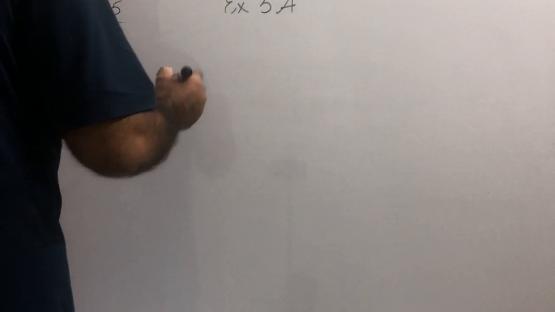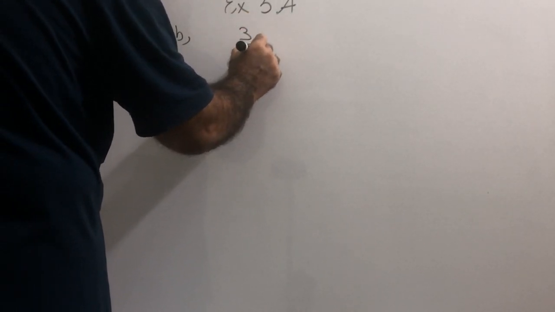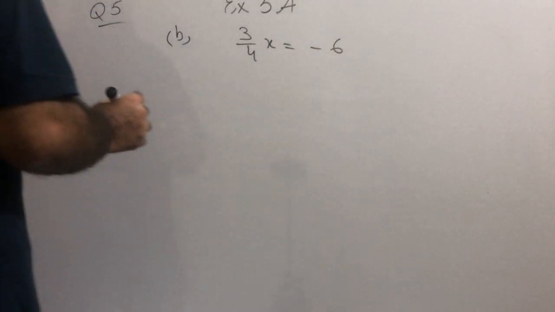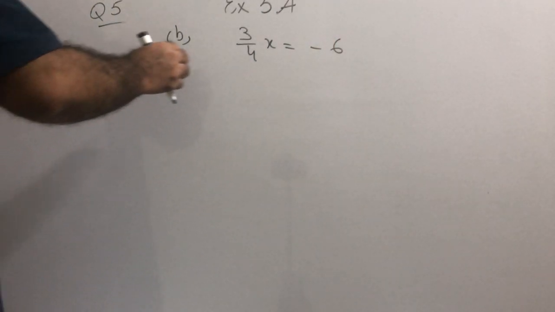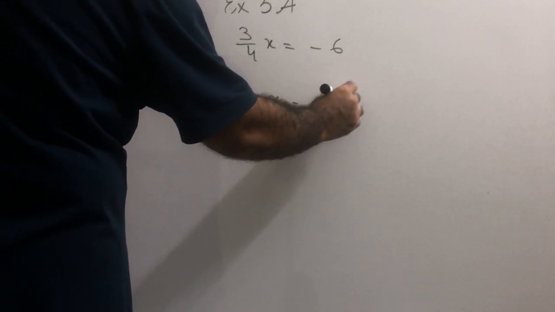Similarly, we have part B, which is similar. 3 over 4 x is equal to minus 6. We don't want to see 3 or 4 here.